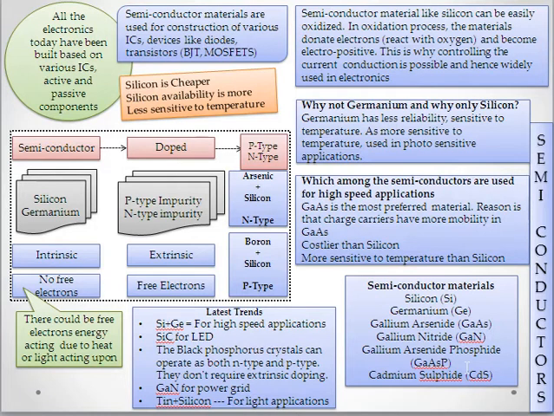One of the major properties of silicon is that it is less sensitive to temperature. That means temperature variations will have a lesser effect on the silicon material. So that is why even today silicon is the most widely used semiconductor material for the manufacturing of ICs.